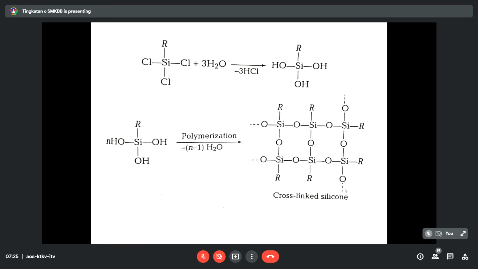Then it becomes a cross-linked silicone. So far, I think no question asks you to write equations. But we never know, because this is something which you're supposed to know, how to produce silicone, okay?